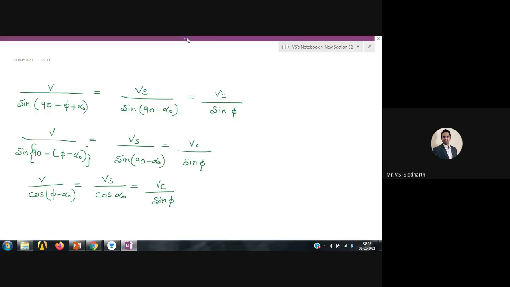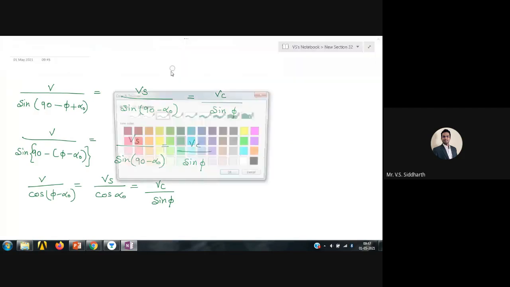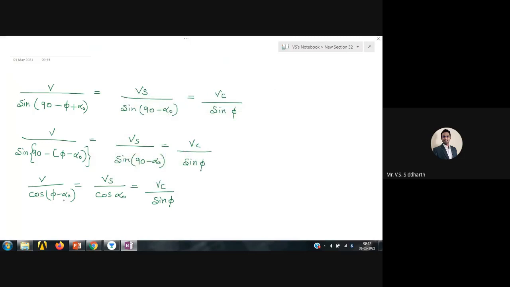So now what I am doing is trying to establish a relationship between Vc, Vs and V. If I equate this term and this term, and this term and this term, I will get two expressions. The first expression is for the chip velocity Vc. Vc by sine phi equals V by cos phi minus alpha naught.